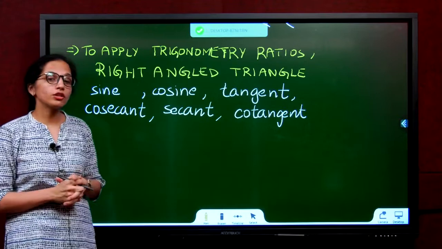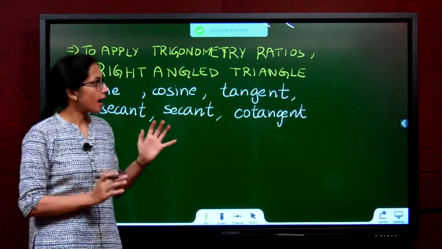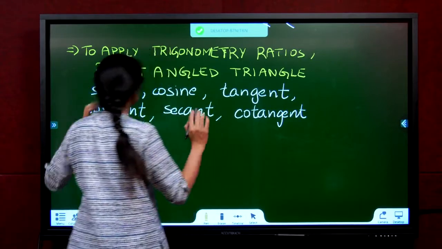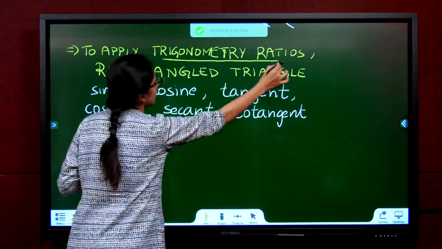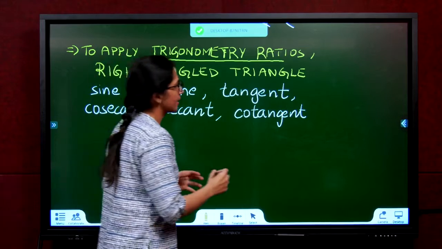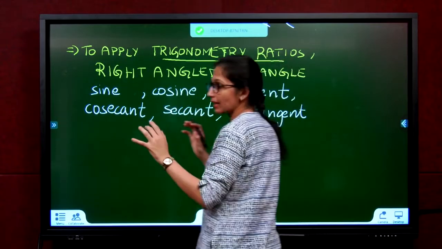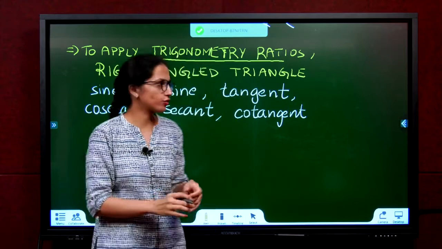So we now understood trigonometry somehow relates angles to its sides. How, we will understand here. This is called a trigonometry ratio because you're taking the ratio of the sides. So in order to apply a trigonometry ratio, your triangle has to be a right angle triangle.